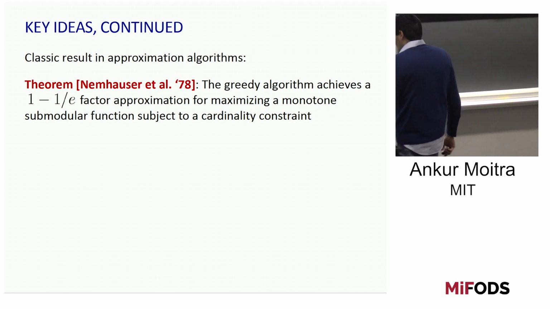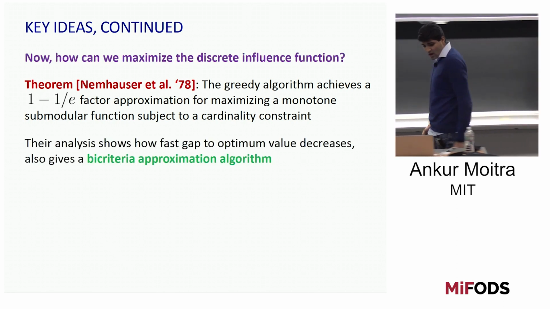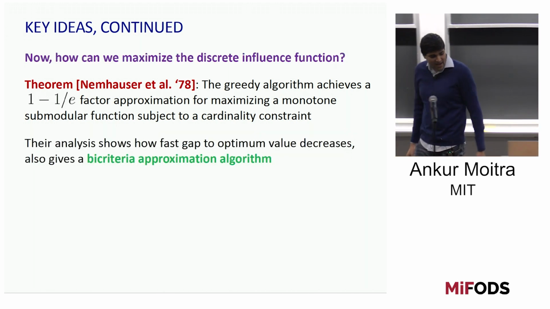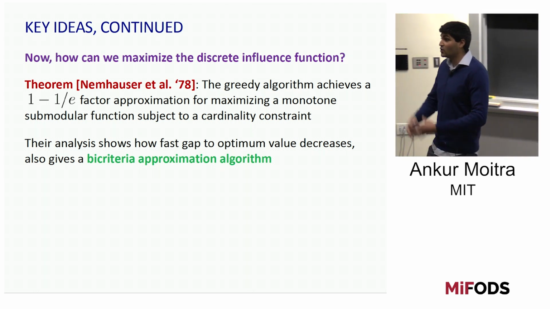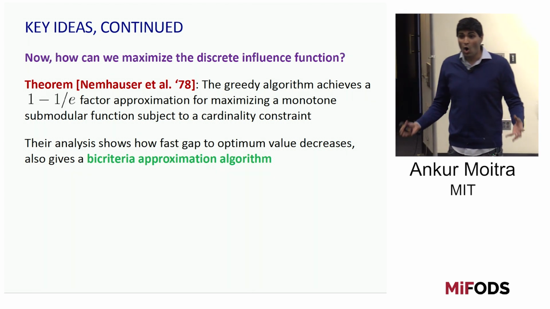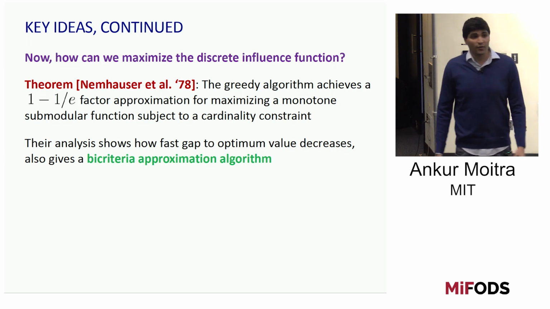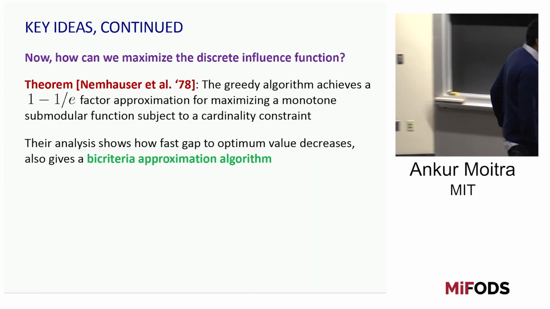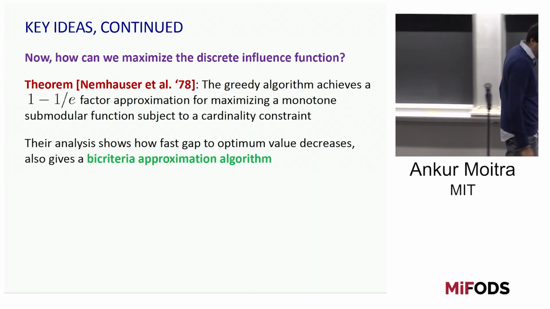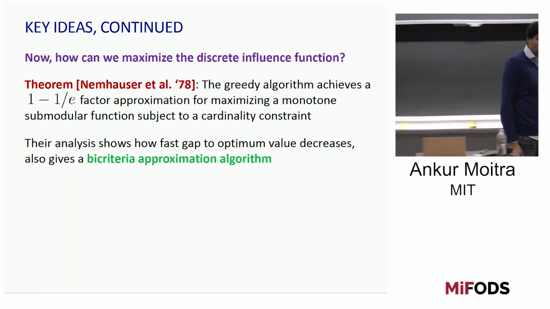So once you have this, now the main question is really how can we maximize the discrete influence function, because we have this idea that the 2-hop neighborhood of some node ought to be the maximizers of this monotone submodular function. There are, of course, some classic results in approximation algorithms about maximizing monotone submodular functions.